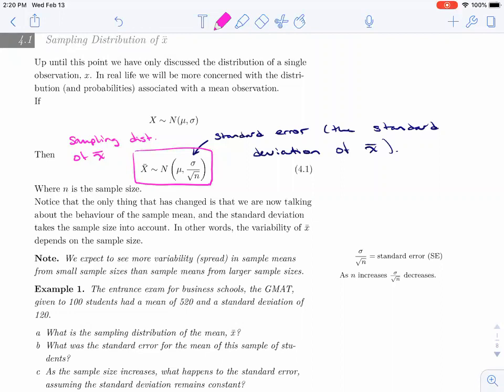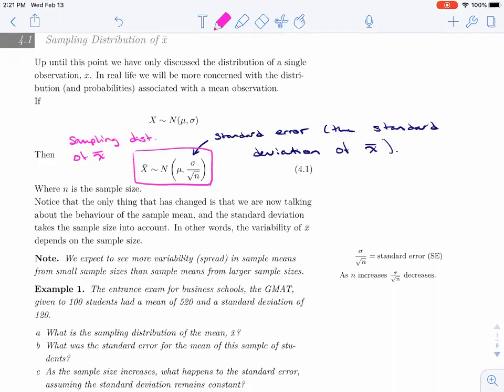The sigma over root n comes from this. If we think about just this room as the population, which makes it more manageable, and we made a histogram of all our heights, there would be a lot of spread. Not a lot, but we'd have the shortest person over here, the tallest person over here. Once we start collecting averages, those averages are going to be closer together than single observations.